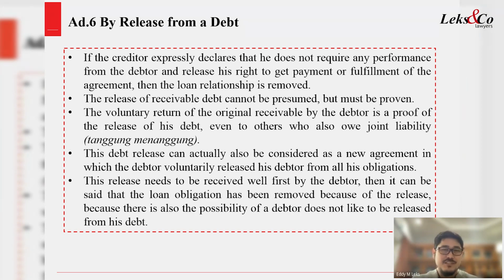The voluntary return of a security. Even though there is a security held by the creditor, and then the creditor gives it back to you, it does not mean that the debt is released or removed. So that's why this is important.